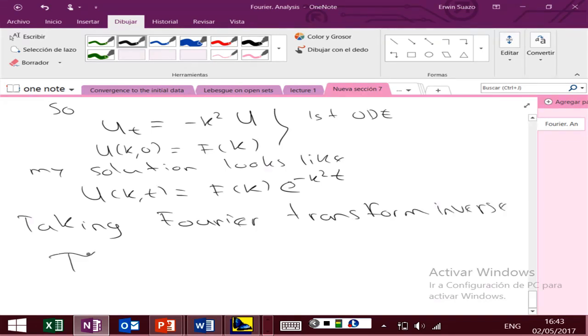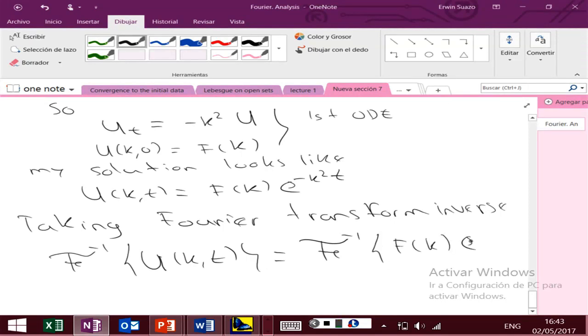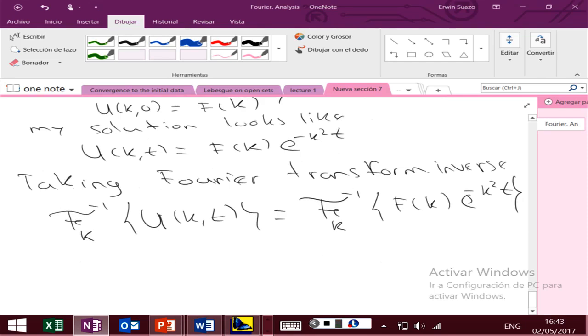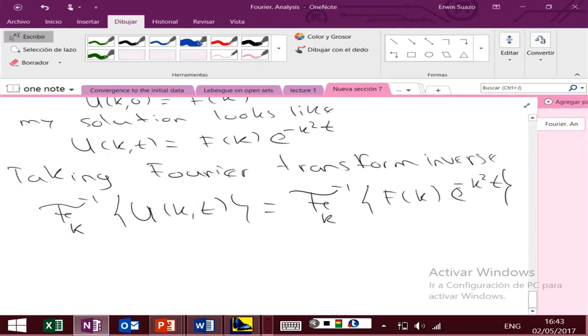So that will be the Fourier transform inverse of U(k,t), and the Fourier transform inverse of F(k) e to the minus k squared t. Okay, and here your variable is k. That means we want to recover x.